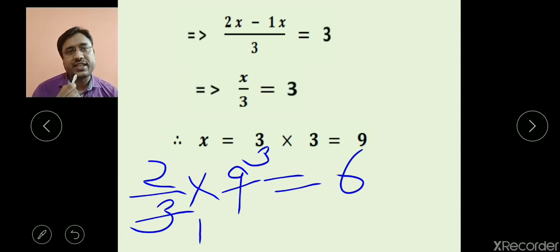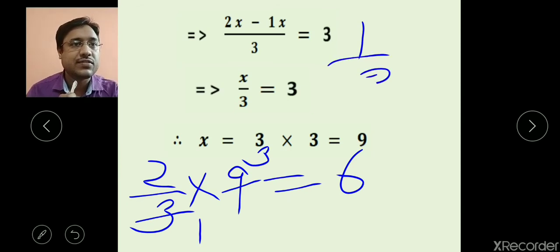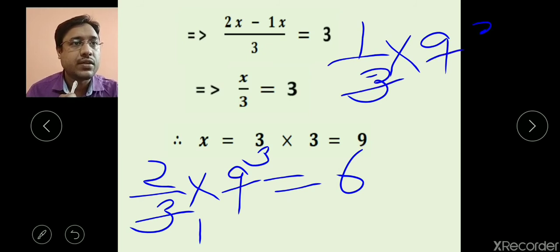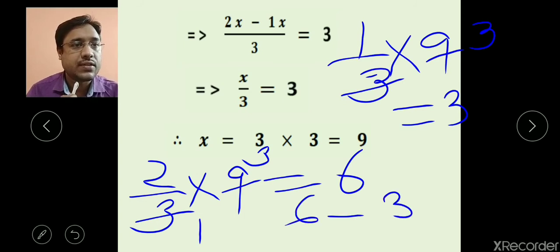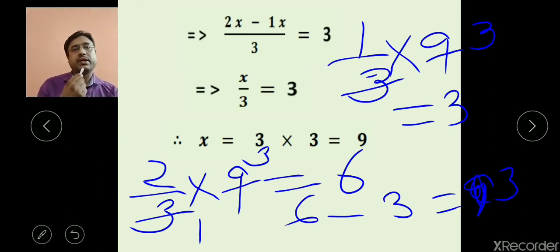2 by 3 of 9 is 6 and 1 by 3 of 9 will come 3, because 3 into 3 times is 9; you will cut that and it will come 3. So the difference between 6 and 3 is 3 only. 6 minus 3 is 3.